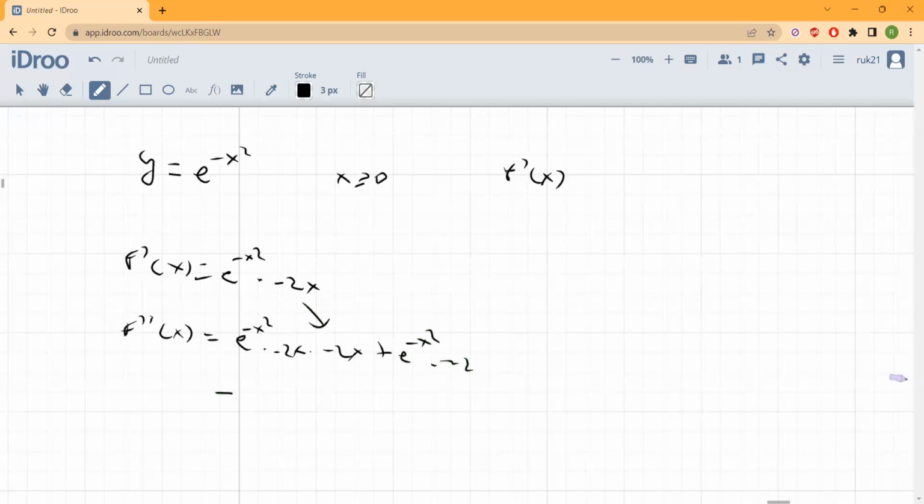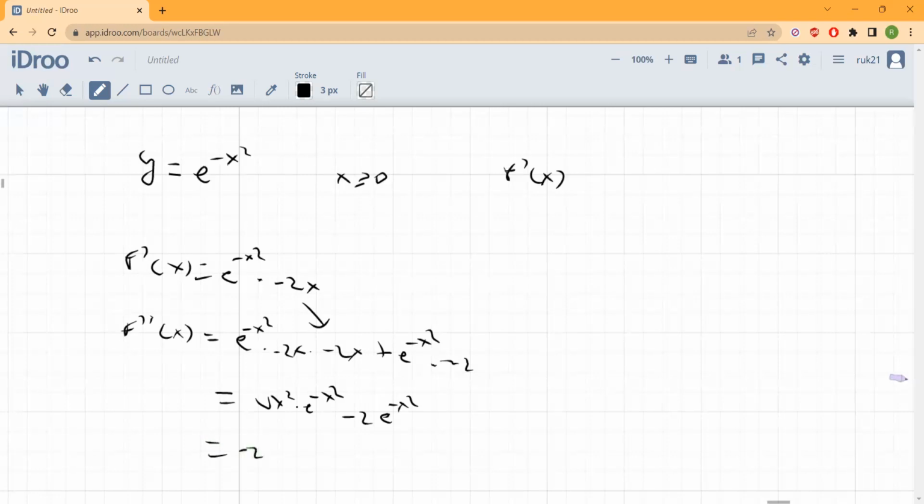So let's simplify that a bit. First I'm just going to rewrite it. It's going to be 4x squared times e to the negative x squared minus 2 e to the negative x squared. Now I'm just going to factor out negative 2 e to the power of negative x squared.